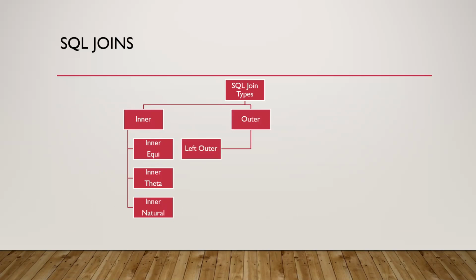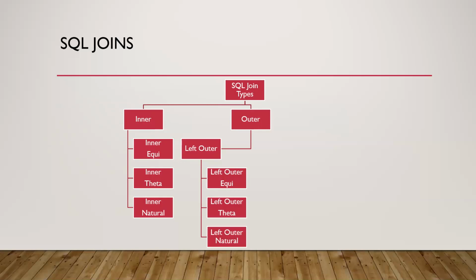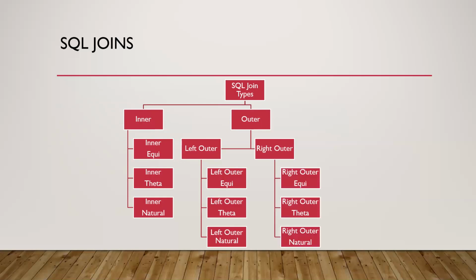You get a left outer join and you get a left outer equijoin. And then you get what's called a left outer theta join. Oh, by the way, there's also a left outer natural join. Oh, did you know there's a right outer join in SQL and a right outer equijoin? And then there's a right outer theta join. Oh, and we mustn't forget the right outer natural join. But there's more. There's a cross join. And guess what? There's also a self join.